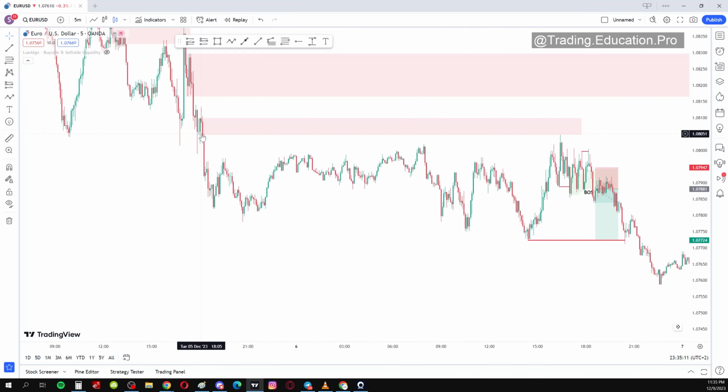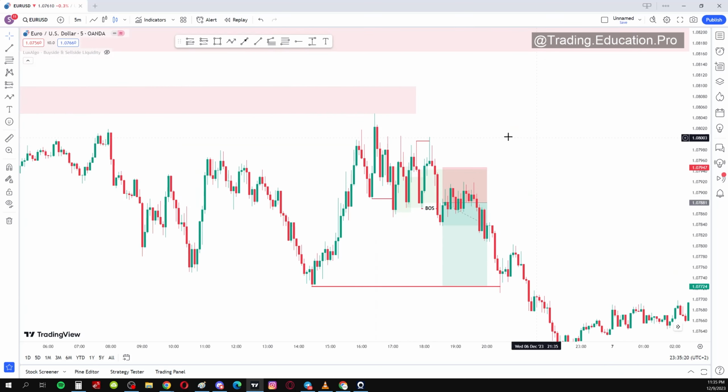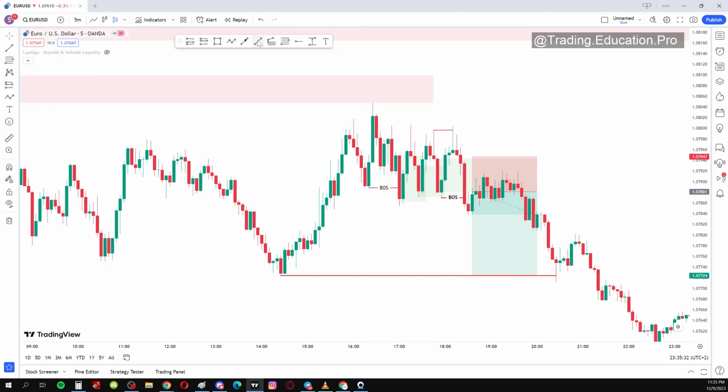And as you can see, if I extend this, we tapped this green candle, and we actually already kind of broke the structure here. You see, we took this little high as a liquidity hunt, like a stop hunt, and it moved down and broke this structure here.